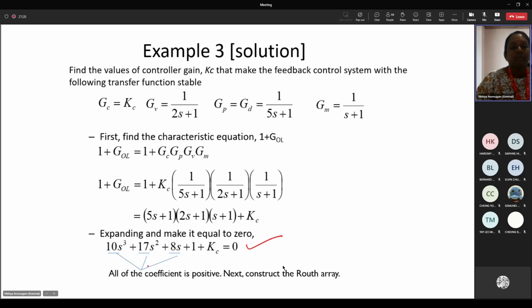Expanding everything, you'll come to this general form of the Routh criterion. If you notice, all the coefficients are positive, so we can construct the Routh array.